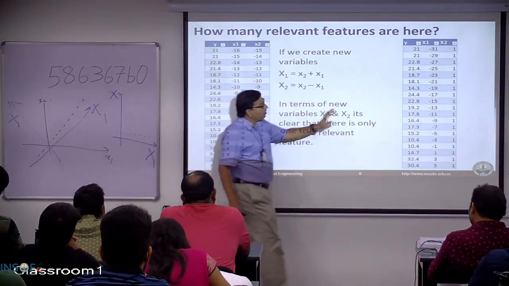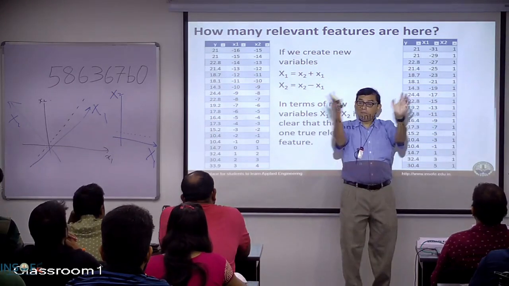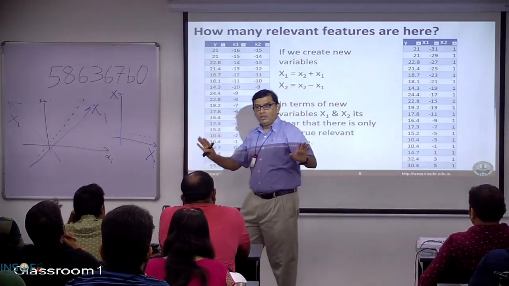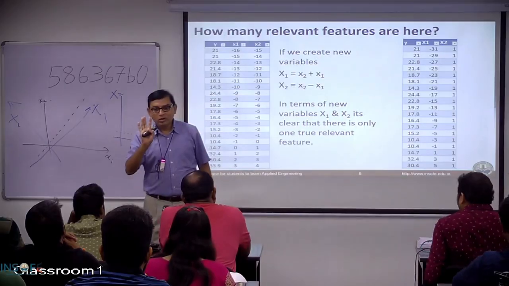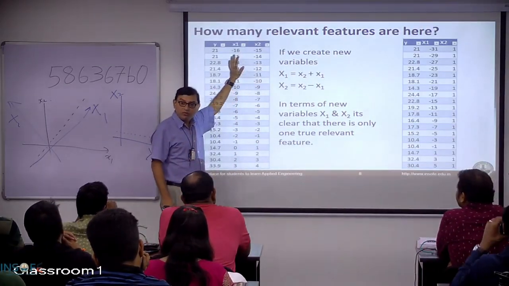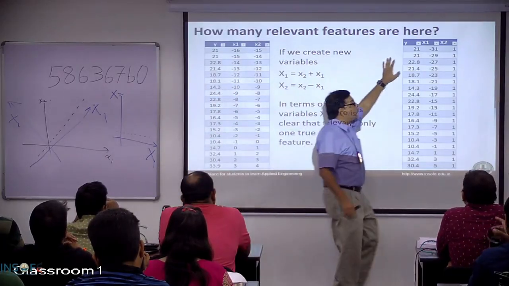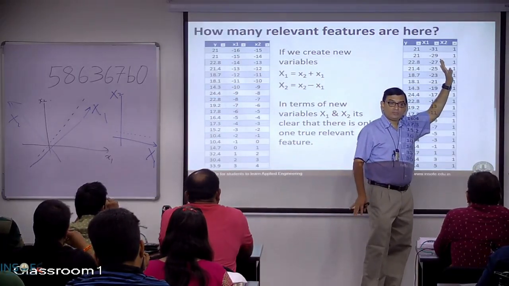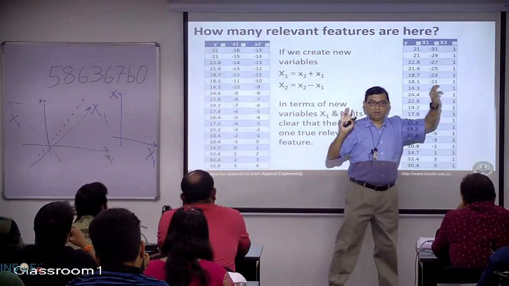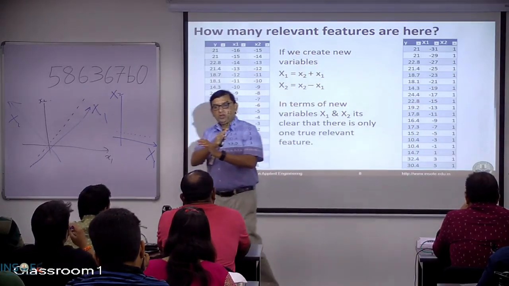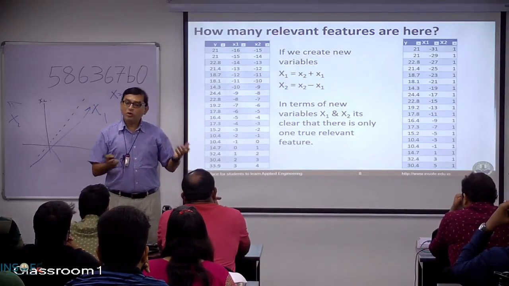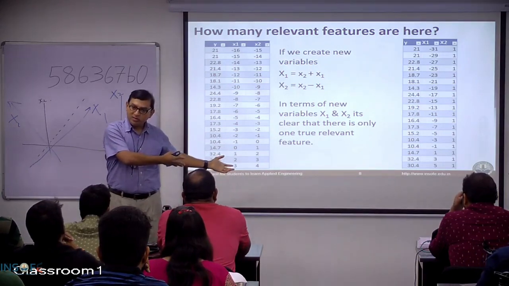Now I have new variables, which are a mix between those two, so the old meaning no longer stands. The original interpretability of your variables is lost when you do this coordinate transformation. That's a very important point. Glad you raised it. By doing this transformation, I lose the interpretability of the original variables. But it allows me to solve the problem more easily, so we are okay with it.